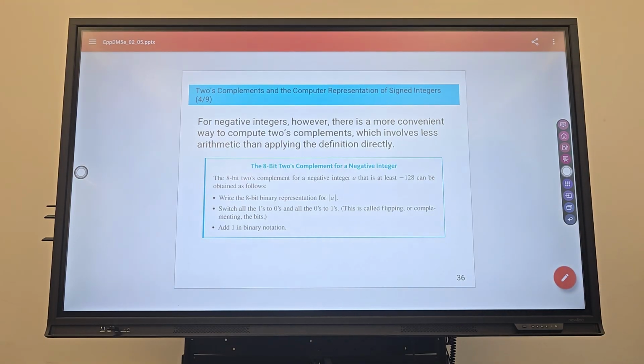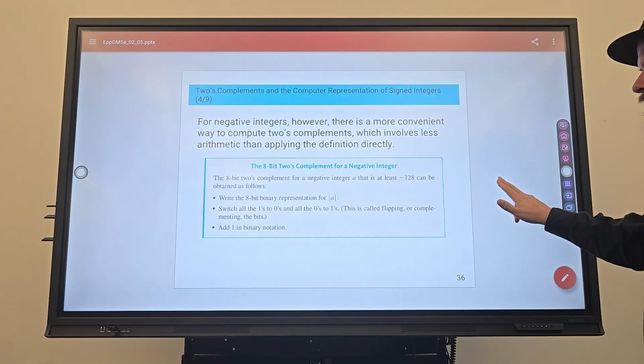For negative integers, however, there's a more convenient way to compute 2's complement, which involves less arithmetic than applying the definition directly. Write the binary representation of the absolute value of a, flip the bits, switch the 1's to 0's and the 0's to 1's, and then add 1 in binary notation.